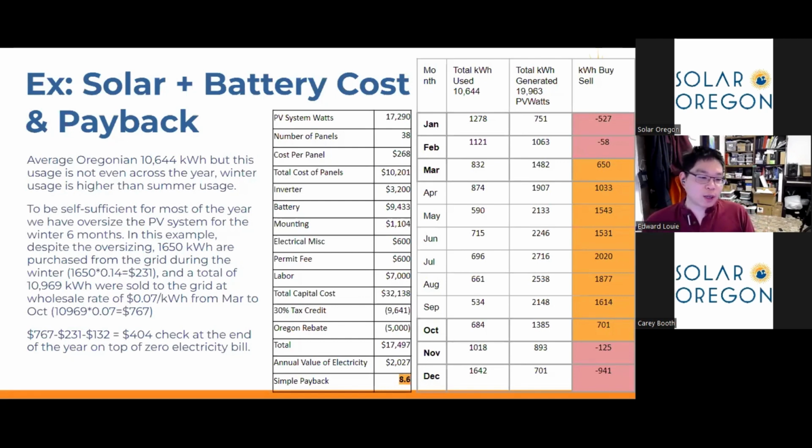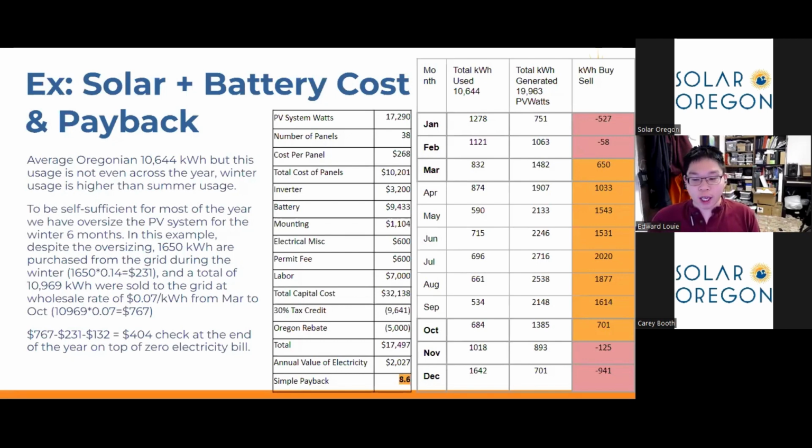Therefore in the summertime it produces a lot of excess generation. In this scenario, I valued that excess generation at wholesale generation rates. Even at 7 cents a kilowatt hour, the 10,969 kilowatt hours of summer excess generation, sold at 7 cents a kilowatt hour, nets $767.